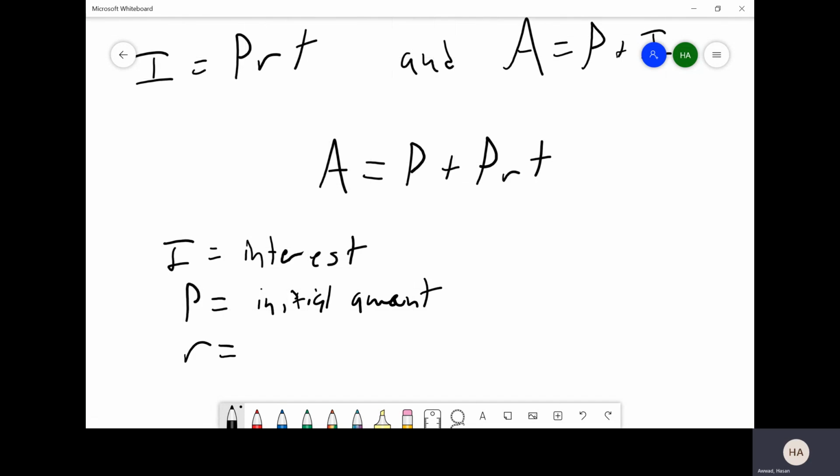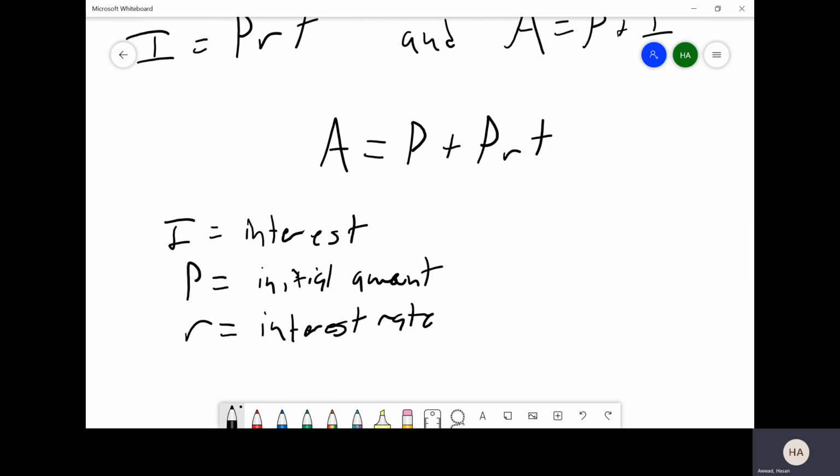R is going to be your interest rate. So whenever you put money in, like into a bank or into a savings account, you're always going to have some sort of interest rate on that account, or on the investment that you're putting in. Again, assuming you put your money into a bank, some people don't trust banks. That's okay. So R is equal to the interest rate.